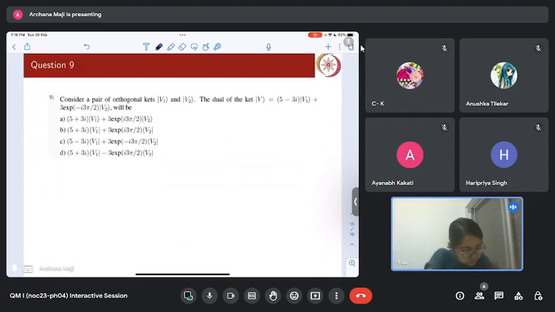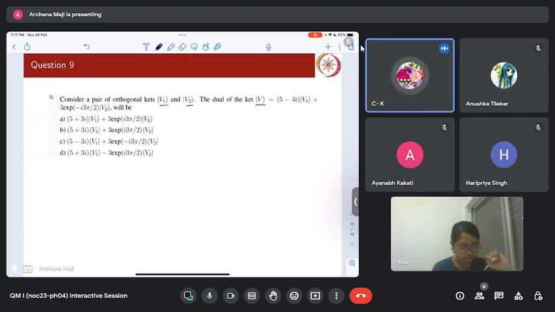Consider a pair of orthogonal kets V1 and V2. What is the dual of this ket V? Yeah, you can just tell me which one is the answer. B1.